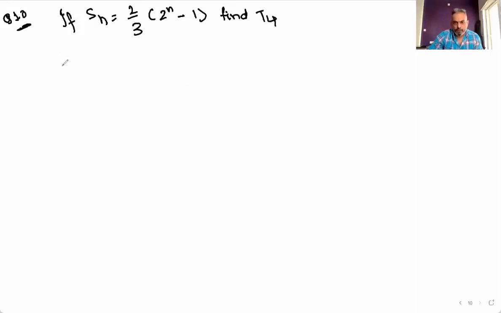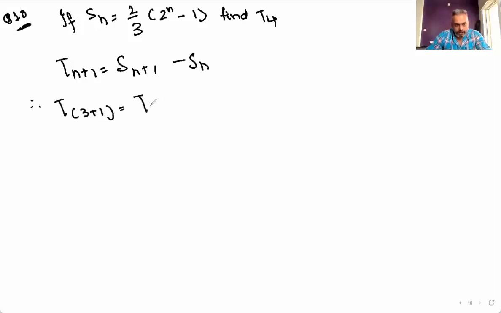Now for this we will use the formula Tn plus 1 is equal to Sn plus 1 minus Sn. So therefore T3 plus 1 is equal to S3 plus 1 minus S3. So therefore T4 is equal to S4 minus S3.